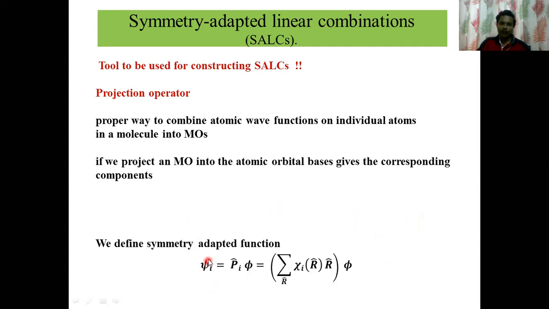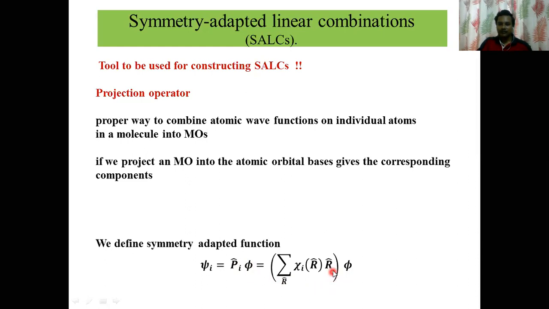So this is the MO of the ith irreducible representation, which can be generated like this. This phi is the atomic orbital, so this is going to be one of the atomic orbitals, and P_i is the projection operator corresponding to the symmetry i. So if I take the water molecule, this i can be A1, A2, B1, and B2, right? So the projection operator goes like this. The atomic function is here.